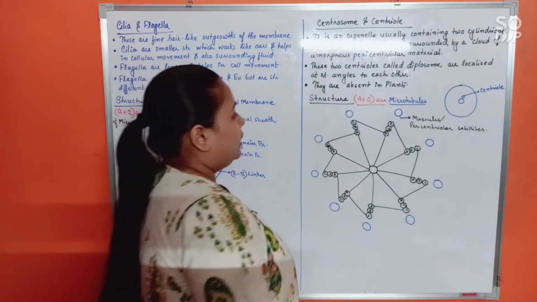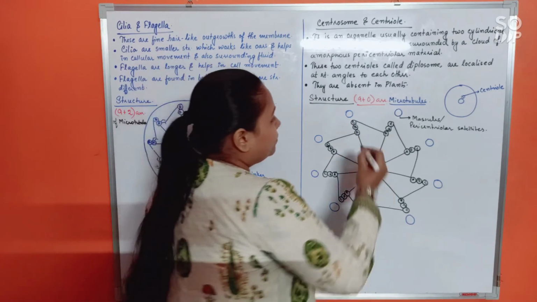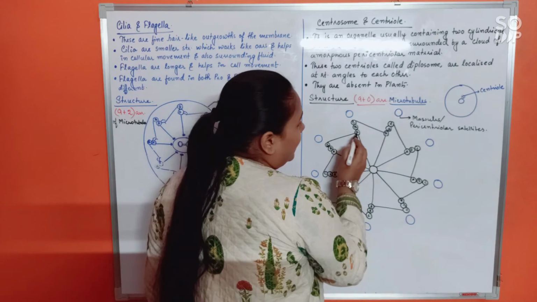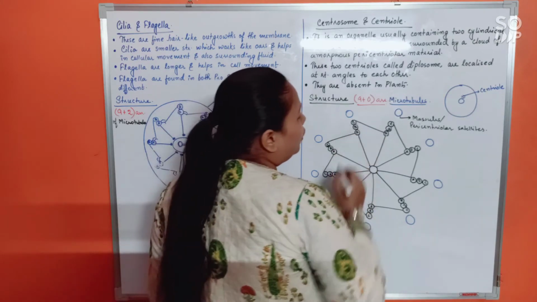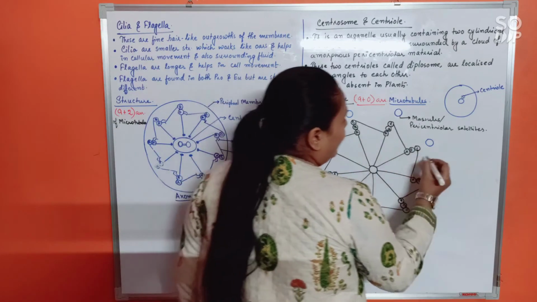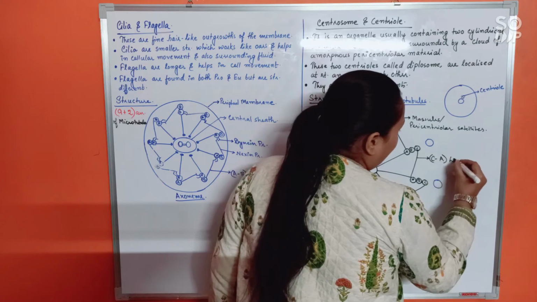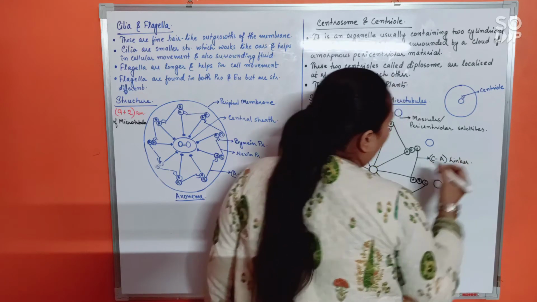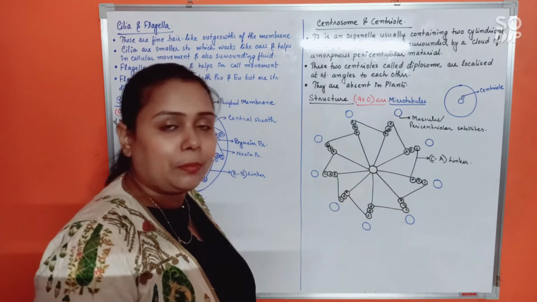Okay. The microtubule triplets consist of this A, B and C microtubules, okay, which are going to remain joined together by the help of Ca linker. So this is Ca linker, which is joining together all of the peripheral microtubule triplets.